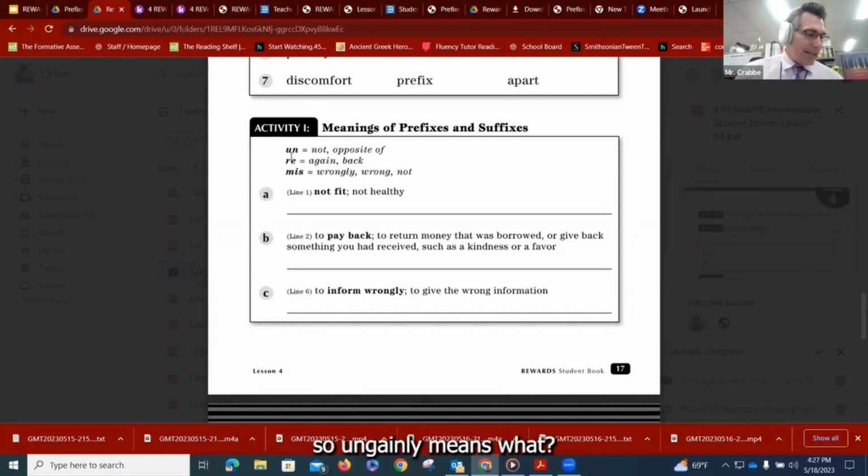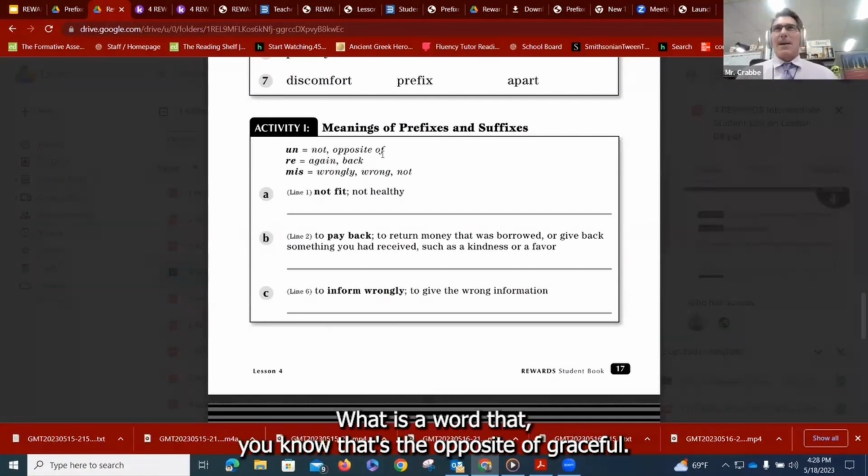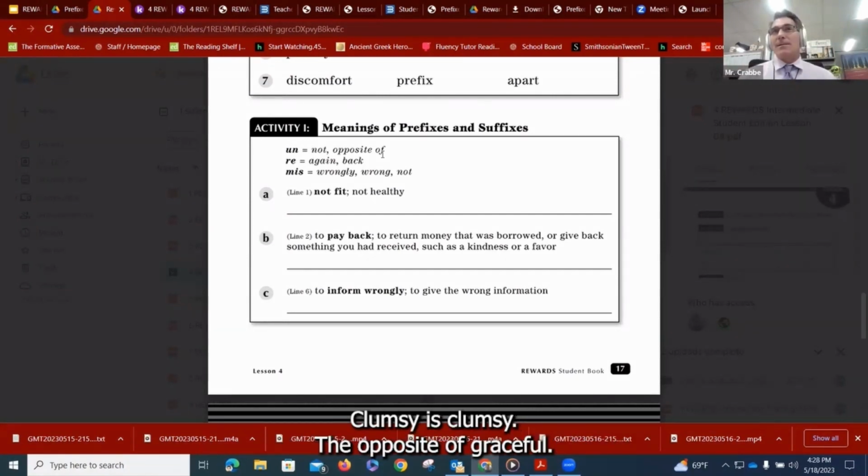So ungainly means what? Ungraceful, right? It means not graceful. So what is a word that you know that's the opposite of graceful? Clumsy? Is clumsy the opposite of graceful? That's a possible word that kids come up with. So ungainly means not graceful, and it also means clumsy.